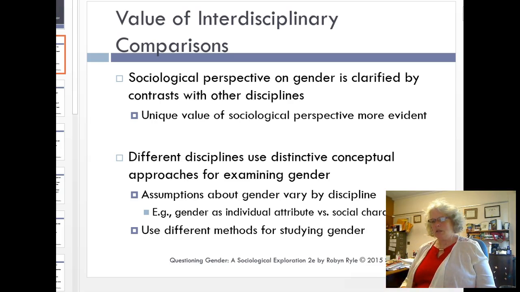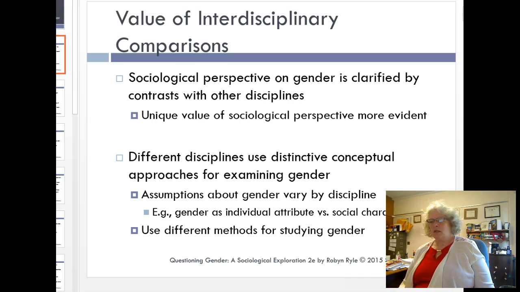What's neat about the sociological perspective is you're going to see that, especially women's studies and family studies, gravitate to these sociological influences. And you can see that pulled up as well when we go into practice areas such as social work and education as they try to understand gender.